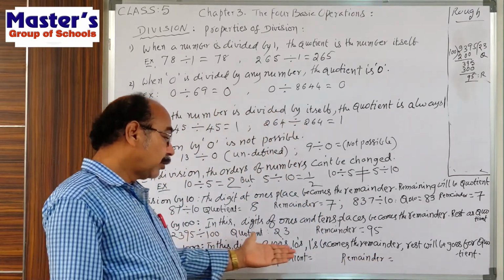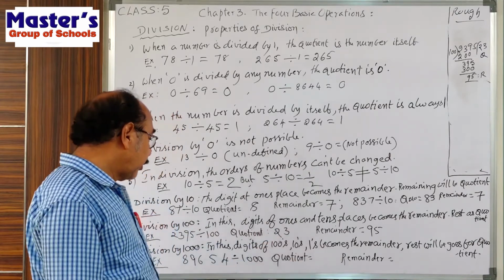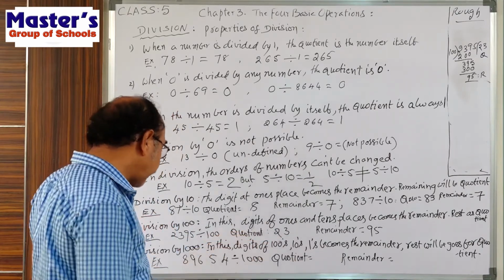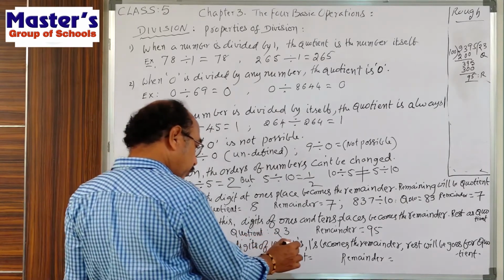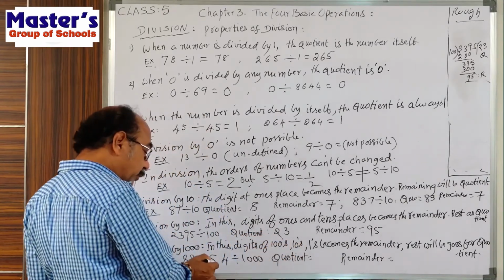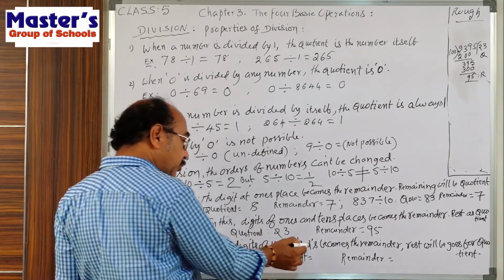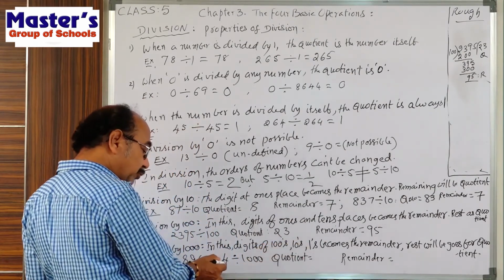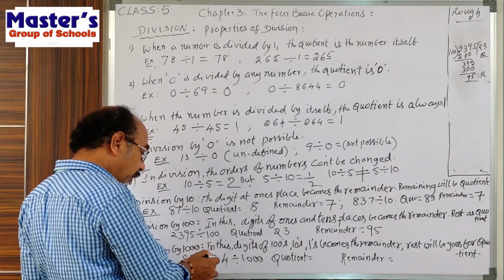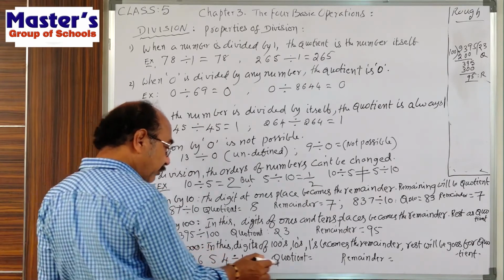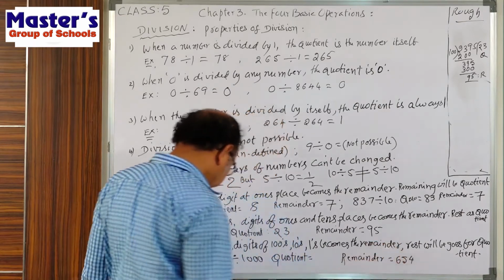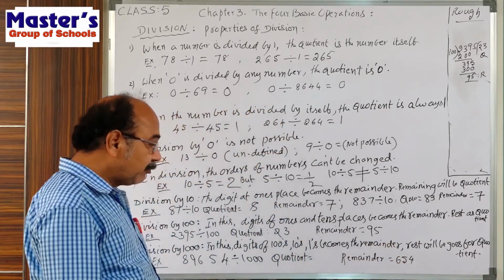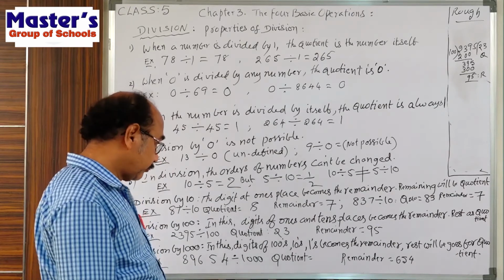According to the statement, what did I tell here? Digits of hundreds, what is the hundreds digit? 6. Next, digits of tens, what is the tens digit? 5. Digits of ones, ones digit 4. So 654 goes for the remainder. We take 654 as the remainder.